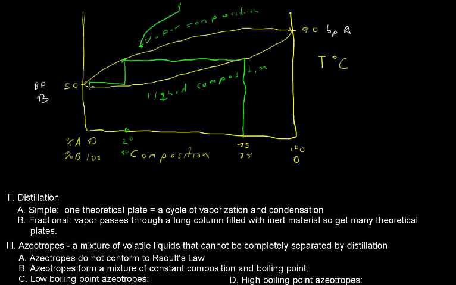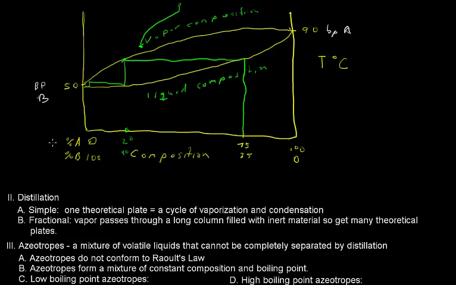And so one more vaporization will take us to our pure B. And so after a couple, maybe three or four theoretical plates on your column, we've completely removed A and have pure B. And so if that condenses out into the receiving flask, you've successfully separated the two compounds. So for solutions of more than one volatile component, we use fractional distillations. It gives us multiple theoretical plates, which enables us to separate the compounds.